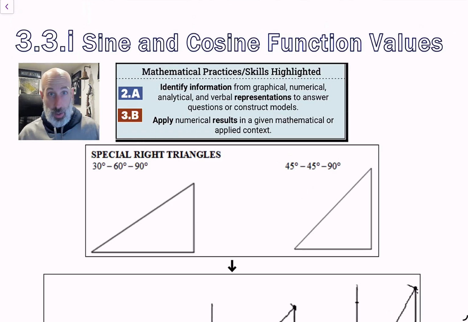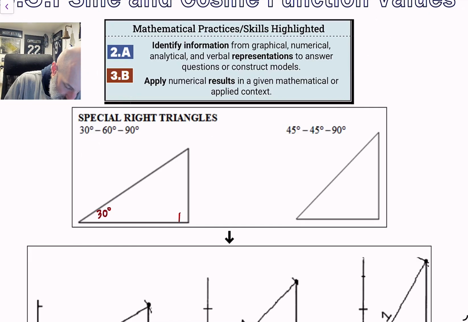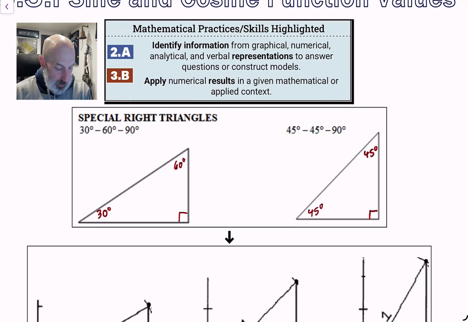And it all comes from geometry class a few years ago. You learned these special right triangles, the 30, 60, 90, and the 45, 45, 90 right triangles. Let me label them a little bit. With the 30, 60, 90 right triangle, there is a shorter leg, a longer leg, and then of course a hypotenuse.